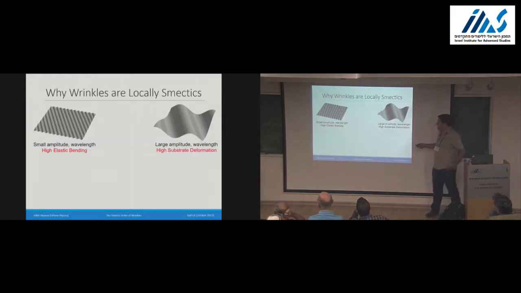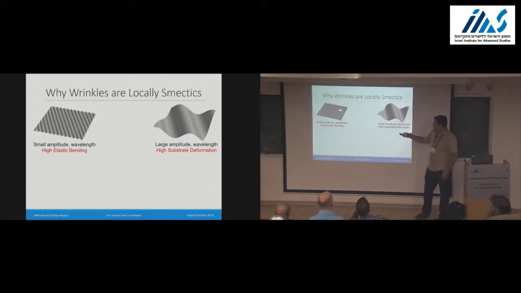So let me give you at least an intuitive explanation here. Let's say the sheet is locally compressed in some direction. I have some excess length I want to accommodate while trying not to deform a substrate too much. Okay? So again, imagine this is a thin elastic sheet on a soft substrate. You can imagine either liquid or solid. Let's say liquid, and it has to accommodate some excess length.